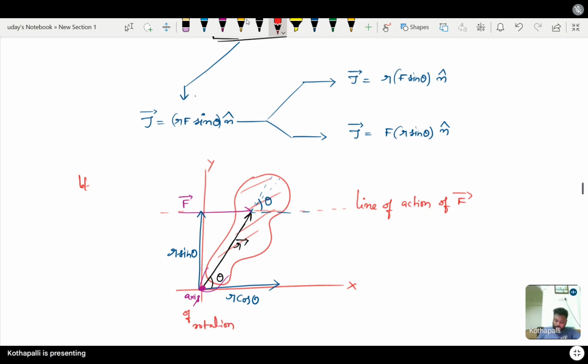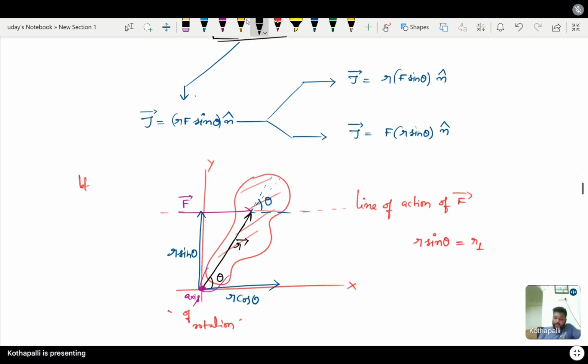The perpendicular distance, the shortest distance between the line of action of force and the axis of rotation, is R sin theta. So we can take this R sin theta simply as R perpendicular.